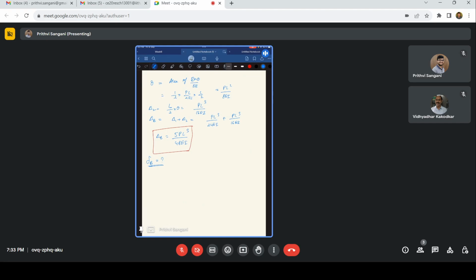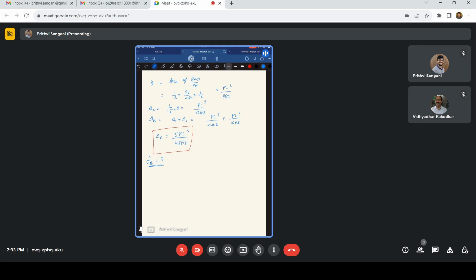Once we have solved for the support reactions, now you can draw the bending moment diagrams, the shear force diagrams, and also if you are asked to find delta b horizontal, delta b vertical, theta b, you can find it out, and also theta c, and also delta c horizontal.